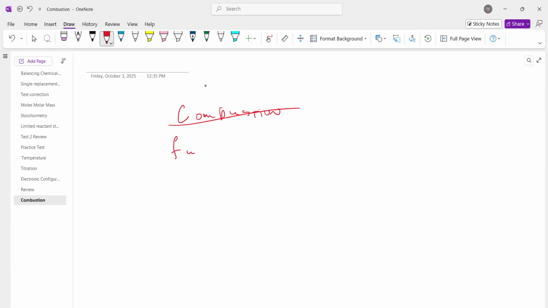Combustion, it's a fuel. In this case, it's methane, CH4, could be gasoline, it could be jet fuel, whatever. Plus an oxidizer. An oxidizer oxidizes the fuel elements. Then you get oxidized fuel, plus a lot of heat.